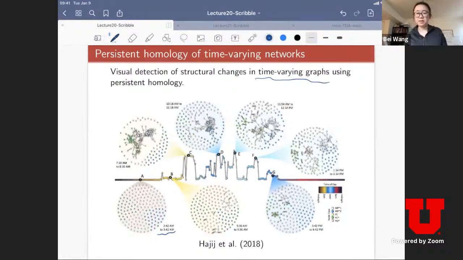And the large picture idea is you take the social network at a particular time, it's a network, right? You can map it to persistent homology, and then you can look at the pairwise distances between the corresponding persistent diagrams, and then you can project it back onto, in this case, we're using MDS. So we look at this height here corresponding to the coefficient of MDS, which tries to capture the differences or the interesting social networks during this email as time goes on.